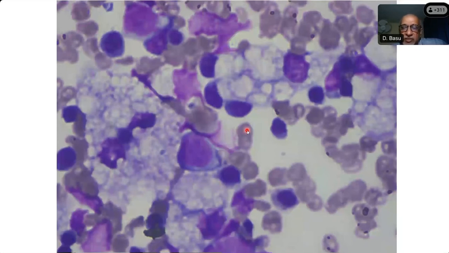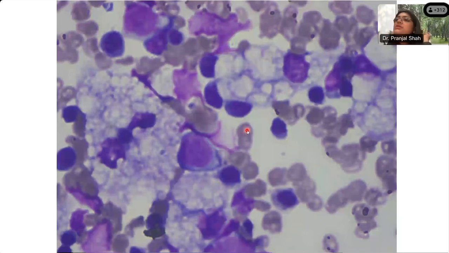What is the deficiency in Gaucher? Sir, in Niemann-Pick, there is deficiency of sphingomyelinase enzyme. Whereas in Gaucher's disease, there is deficiency of glucocerebrosidase. Right, good.